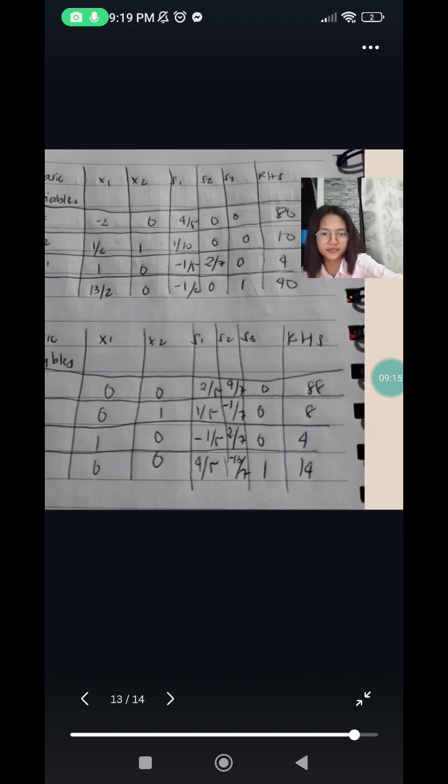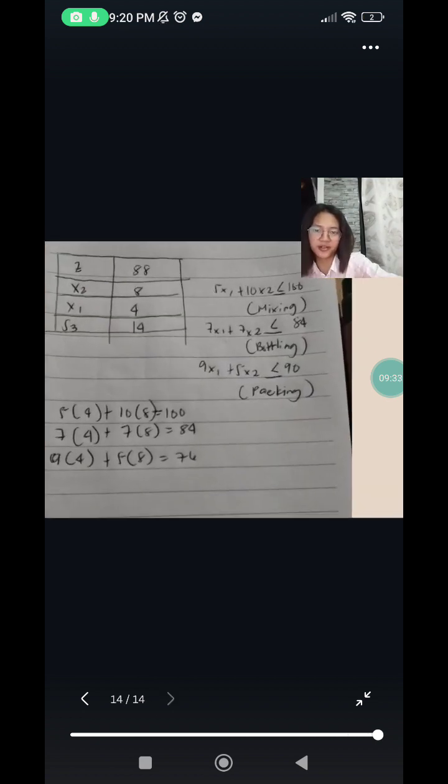For our x sub 1, the RHS is 4. In our last row, x sub 3, the RHS is 14. So, we will solve it for our main objective. This is our main objective here.